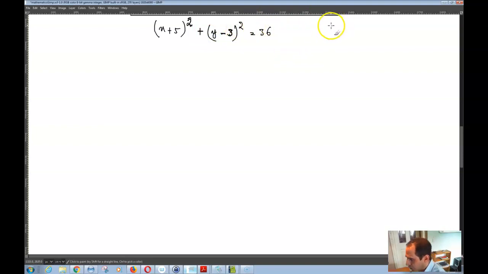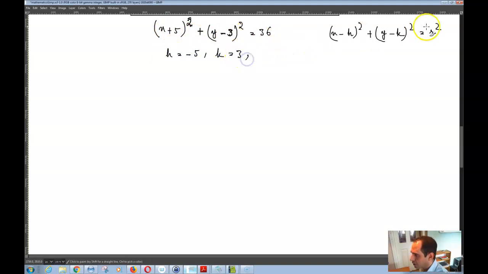So the equation of a circle is (x − h)² + (y − k)² = r². So that means that if you compare these two equations, you'll get h is equal to negative 5, k is equal to positive 3, and r is equal to the square root of 36, which is 6.